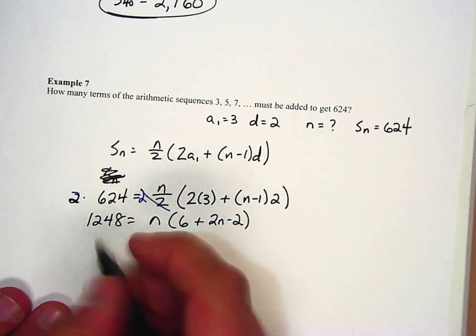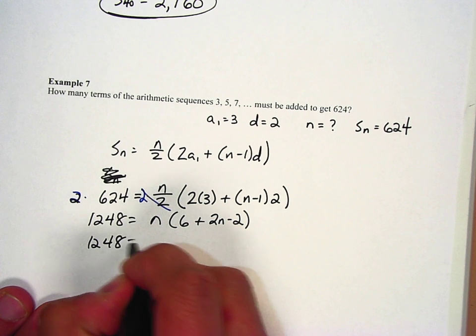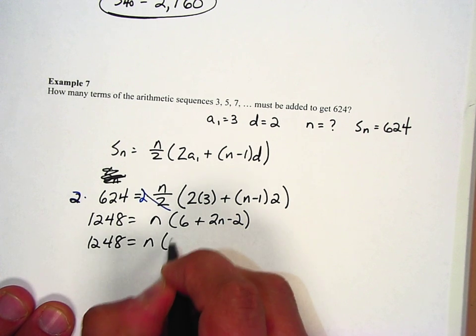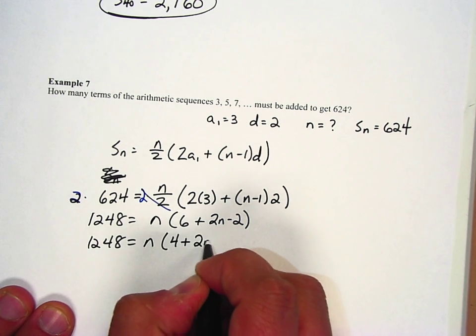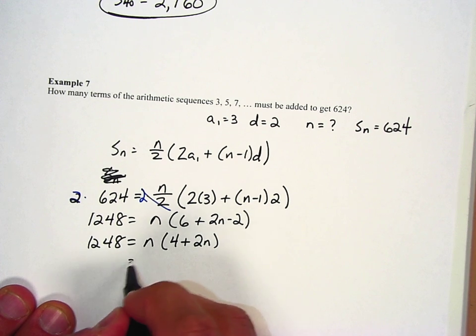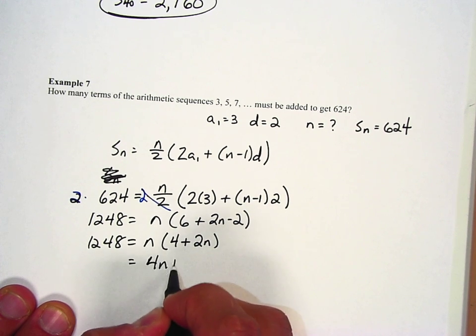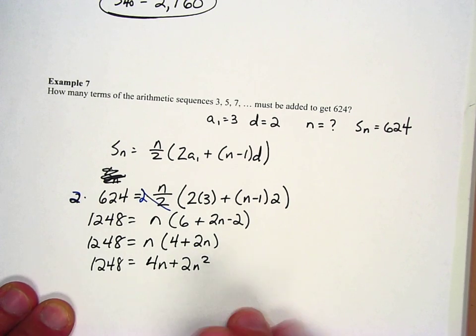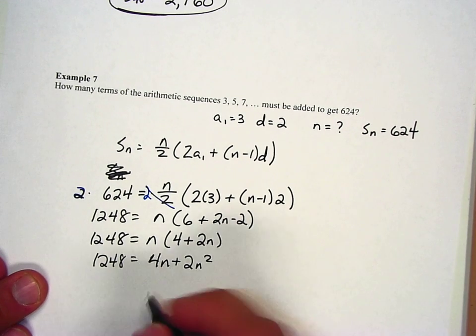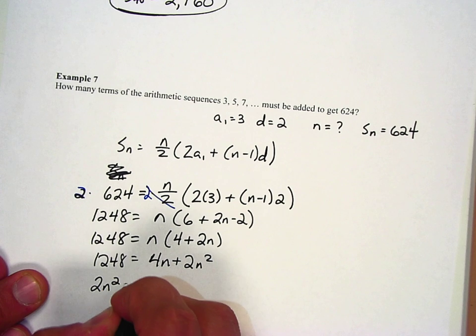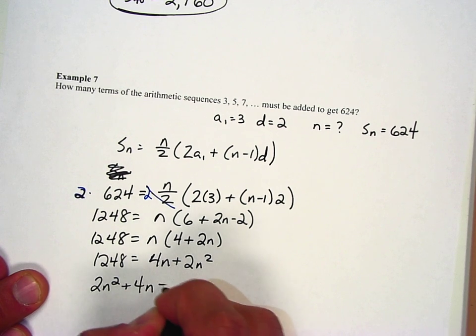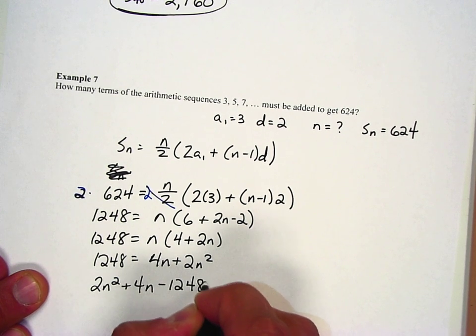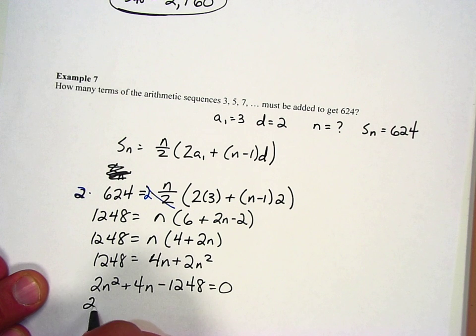Just distributed there. 1248 equals n times 4 plus 2n. Distribute the n, and I get 4n plus 2n squared equals 1248. We'll set it up as a quadratic, so 2n squared plus 4n minus 1248 equals 0.